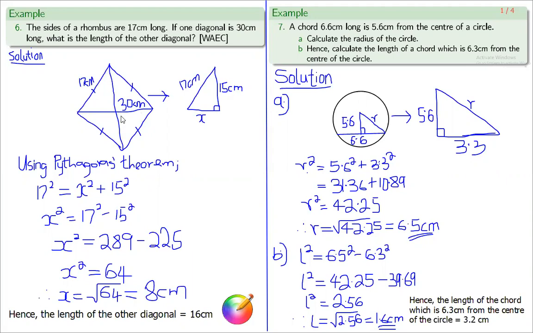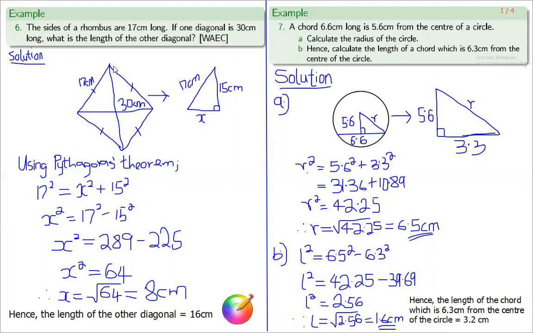When we say it bisects each other, it means it divides each other into equal halves. This diagonal divides this into 2 equal parts, while the shorter one divides this one also into 2 equal parts. And they intersect at 90 degrees.